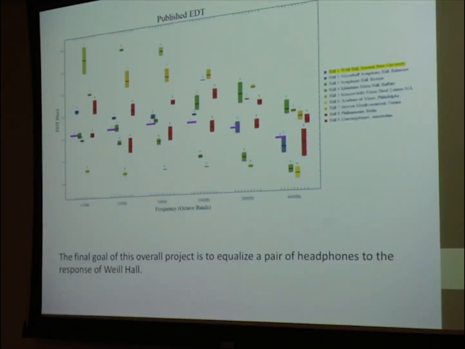The flatness is good because it means not one specific frequency is favored over any of the other ones. So you're not going to hear some boominess or some edginess in the music, because the hall has a good ring. It supports all frequencies equally.